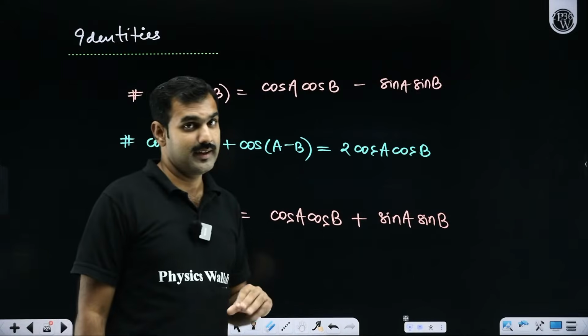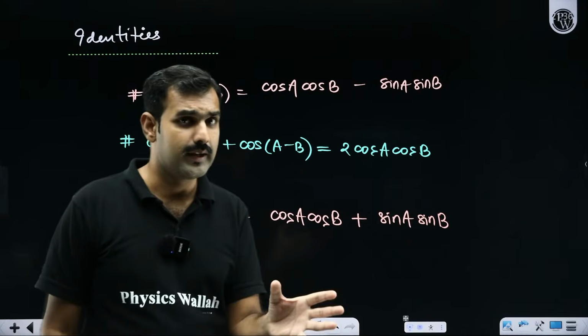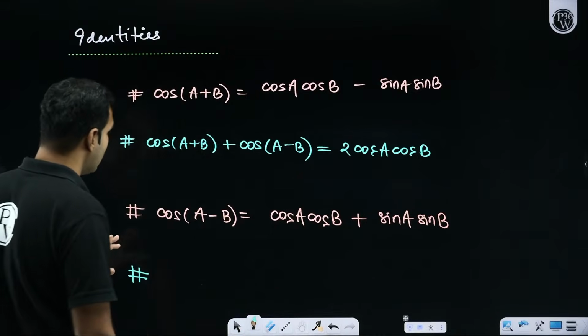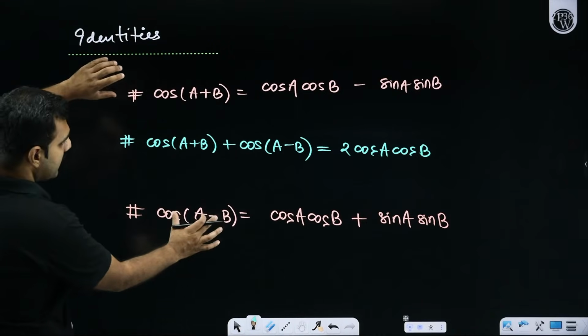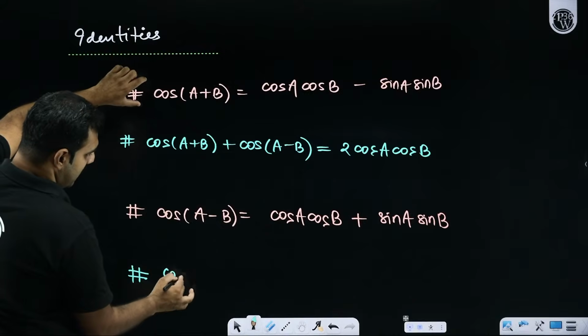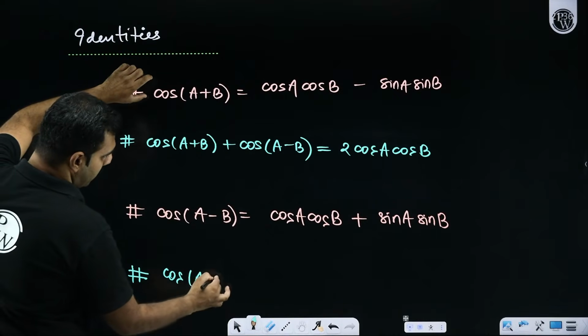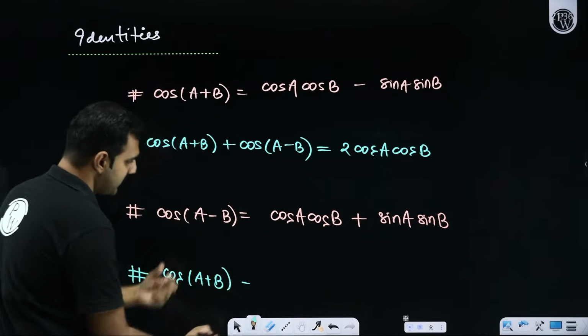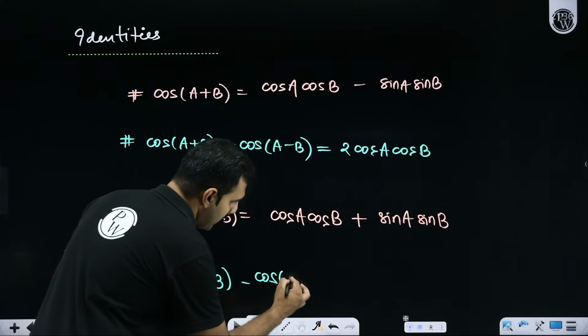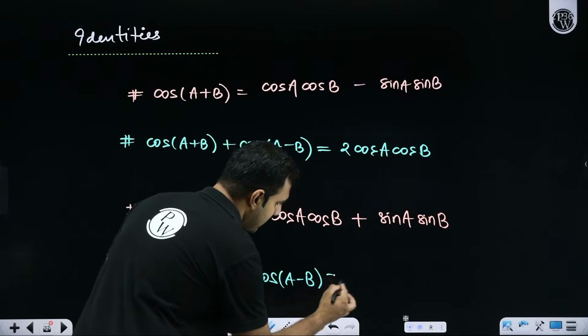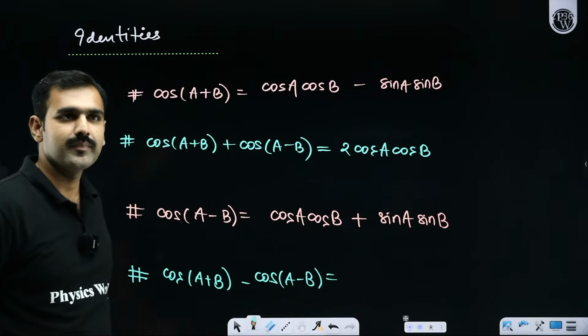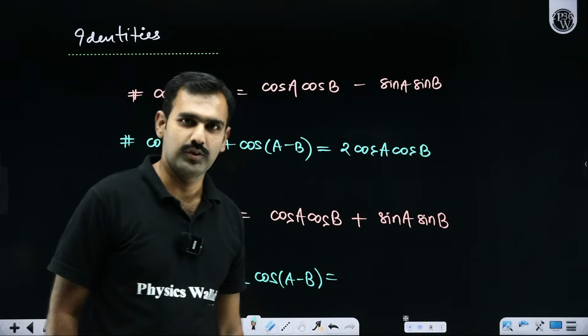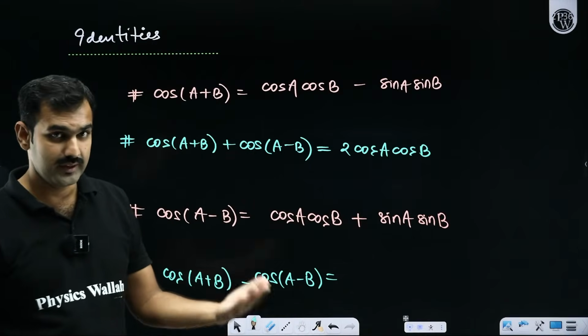What did I just say? I'll surprise you a little here, but have patience and don't get confused. Subtracting this from this. So on the LHS, it will be cos(A+B) minus cos(A-B). Everybody listening and understanding, participants? Yes or no? So what happens on the RHS?